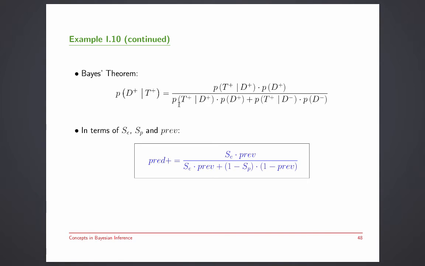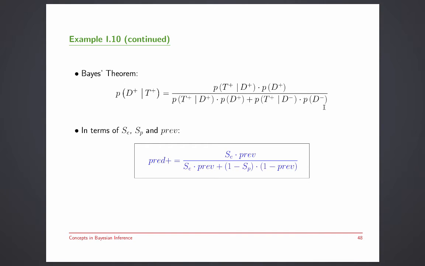Here in the denominator, we have exactly the same outcomes, so that's the sensitivity times the prevalence, plus the probability of a positive test result conditional on being non-diabetic, that is equal to 1 minus the probability of a negative test result given the patient is non-diabetic. And that is, of course, equal to 1 minus the specificity.